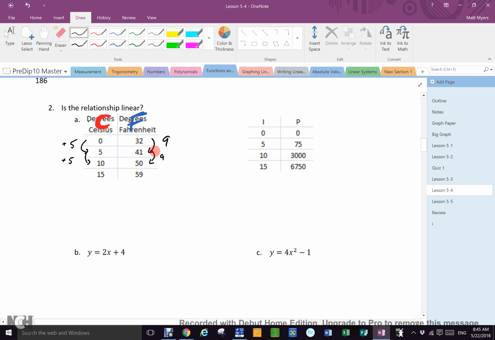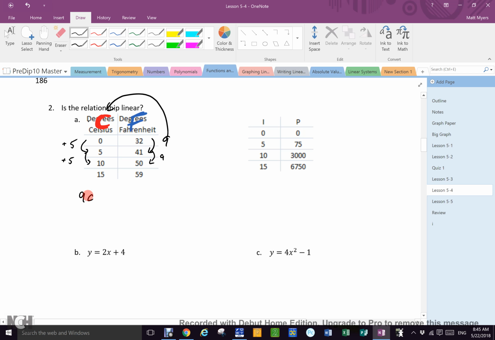So, I right now know that I got to do 9 times C, don't I? Right? Because the 9s are down here and the 9 goes with the independent variable. All the math has to happen to the independent variable, correct?